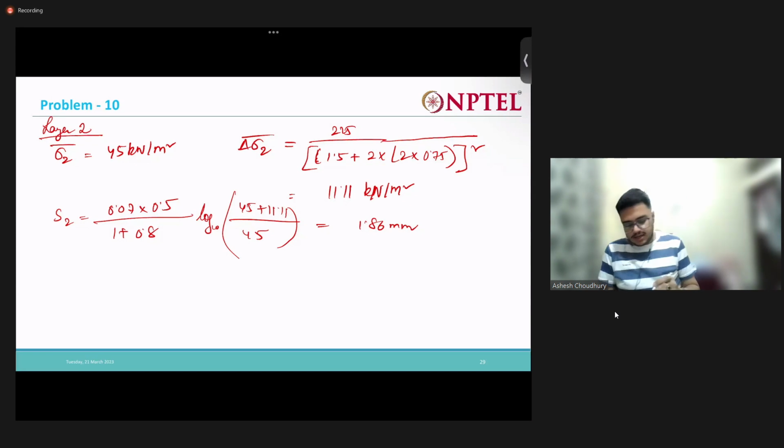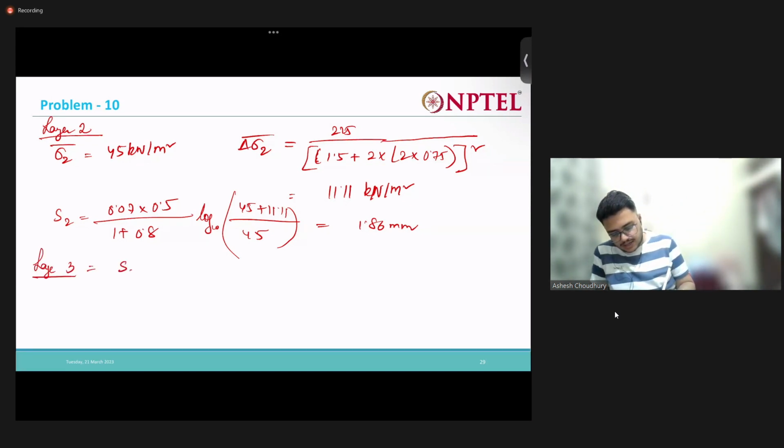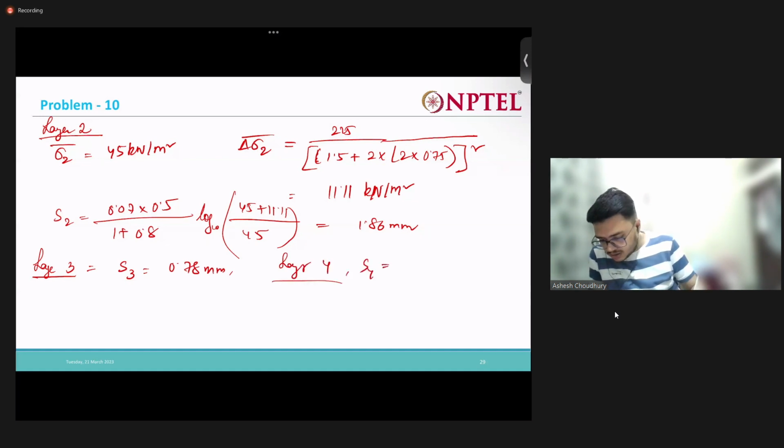Similarly I will just write all the values for layer 3. You will get S3 as 0.78 mm and layer 4 S4 as 0.39 mm. So total settlement will be S1 plus S2 plus S3 plus S4, nothing but 9 mm.